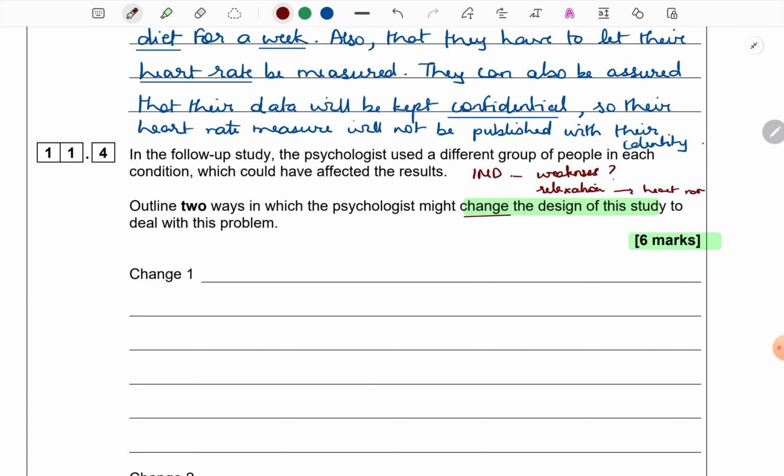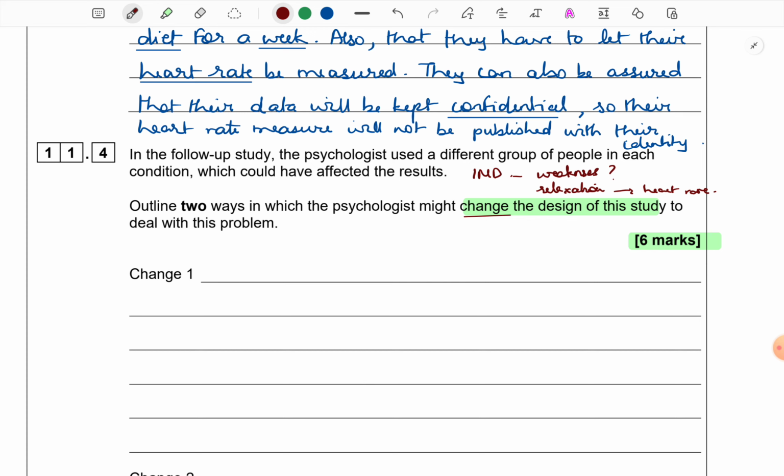Now, participants could naturally have certain issues related with their heart rate, which could be making their heart rate anyways faster than normal or a little slower than normal. So that can create some natural differences between groups with respect to their heart rate, rather than whether they are practicing meditation or they are having a healthy diet.